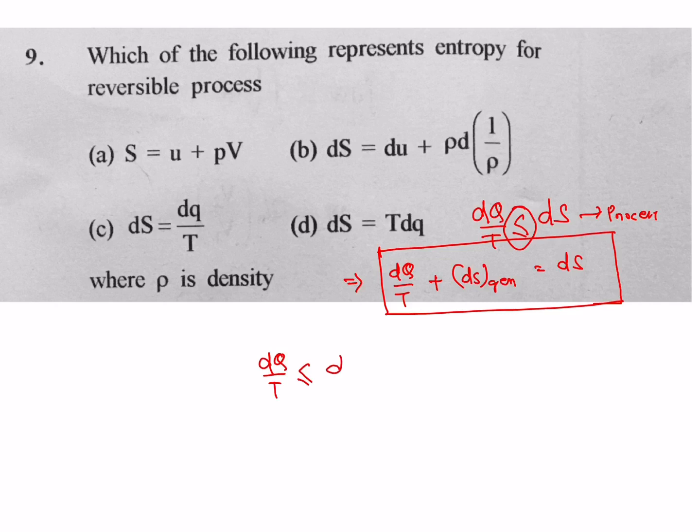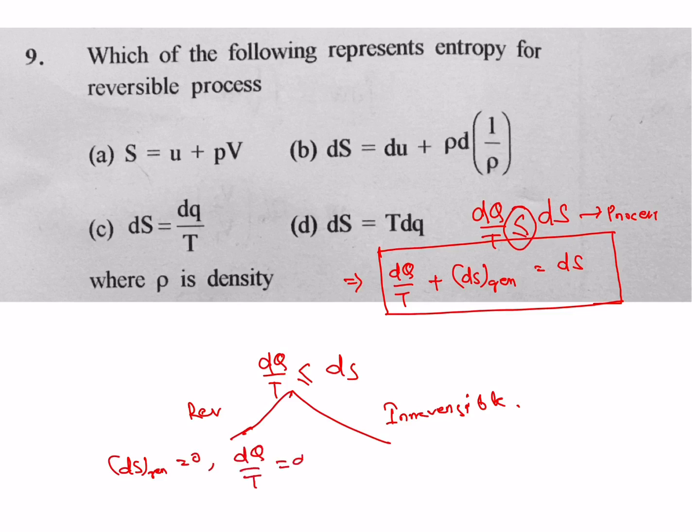dq by T less than or equal to ds, reversible and irreversible. In reversible, entropy generated is equal to 0, so dq by T is equal to ds.